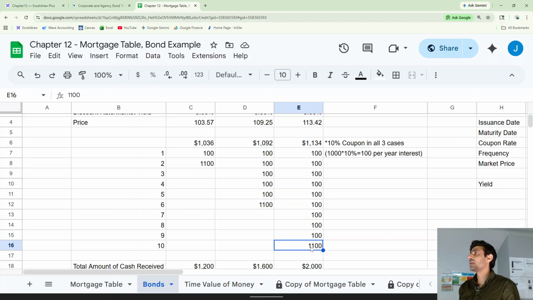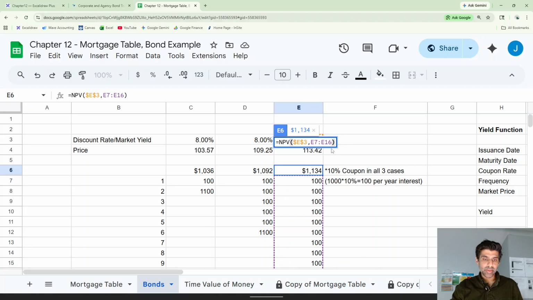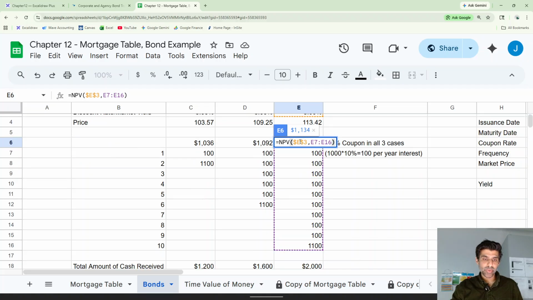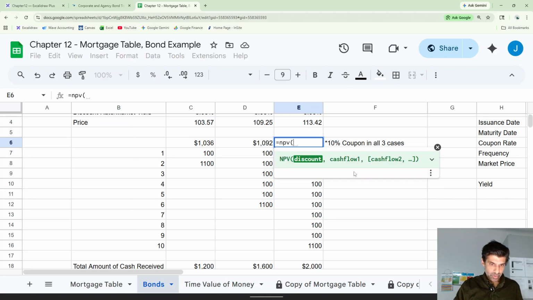Can you show what your NPV function takes in? All it's taking in is the discount rate, this first one, which is orange, and then all the cash flows. Yeah, so I'll just do the function for you. Okay, so NPV. First one it's asking for is a discount rate.